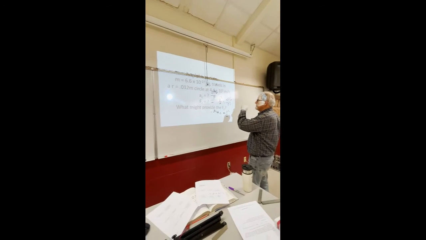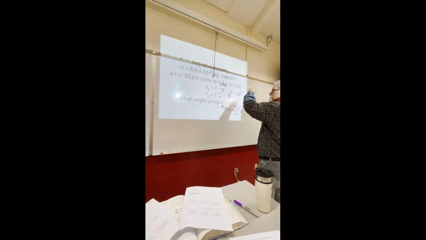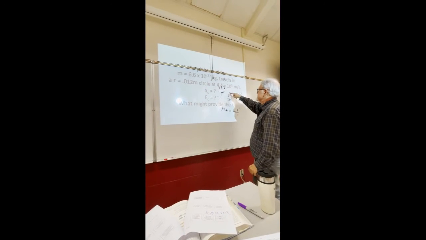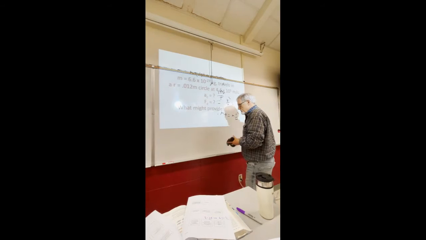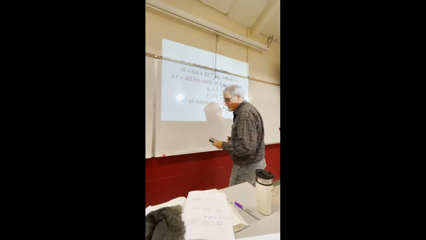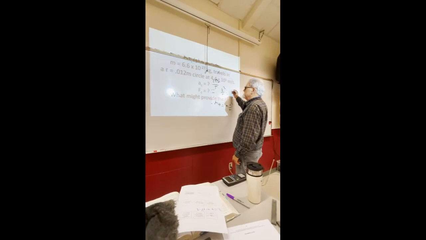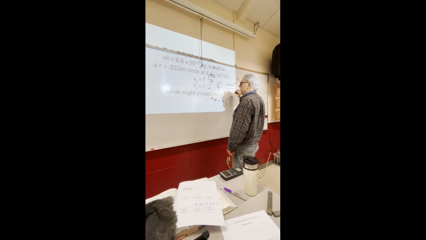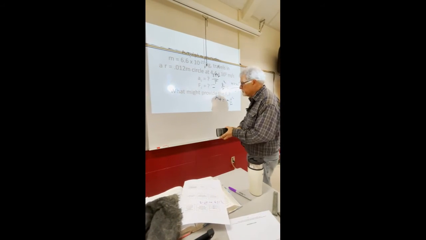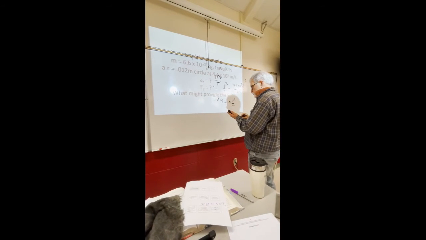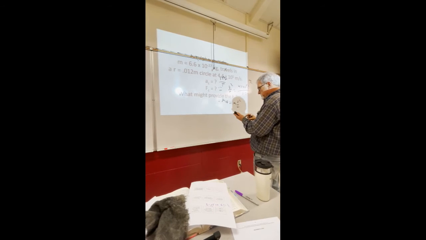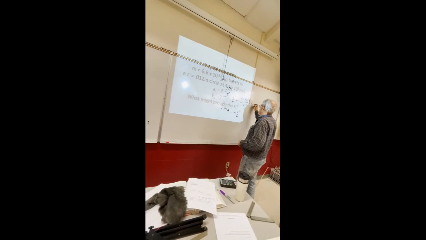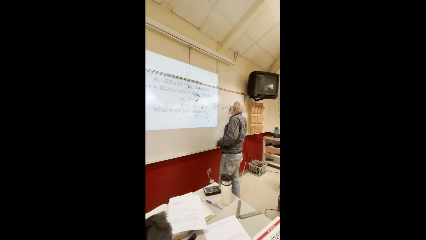An alpha particle travels in a circle where we have the radius and the velocity, so we can calculate the centripetal acceleration. That's 4.4 times 10 to the 5 meters per second, squared, divided by 0.012 meters, and I get 1.6 times 10 to the 13 meters per second squared.